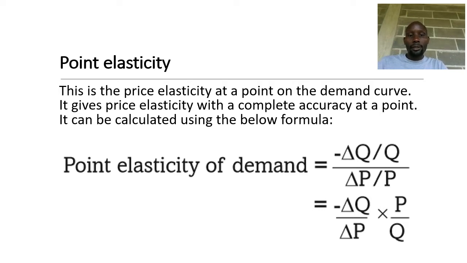It can be calculated using the same formula we use to calculate price elasticity of demand. It is percentage change in quantity demanded over percentage change in price with a negative sign, just as we calculated for price elasticity of demand.